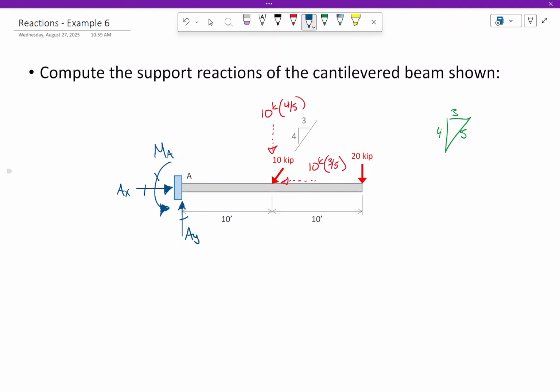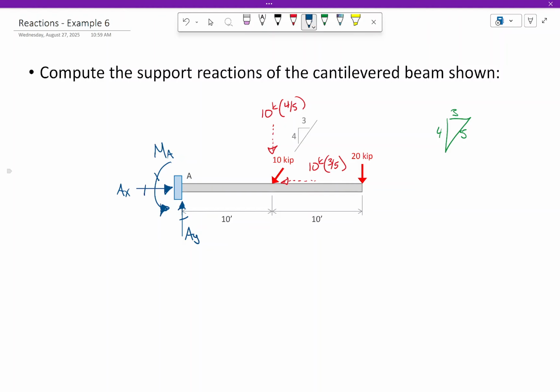Let's put a bunch of loads on it: a load here, a load like that, a moment, and a load like this. Let's call this support A, support B. Just a thought experiment: I'm asking you to determine the 3 support reactions on this problem. What's your strategy?